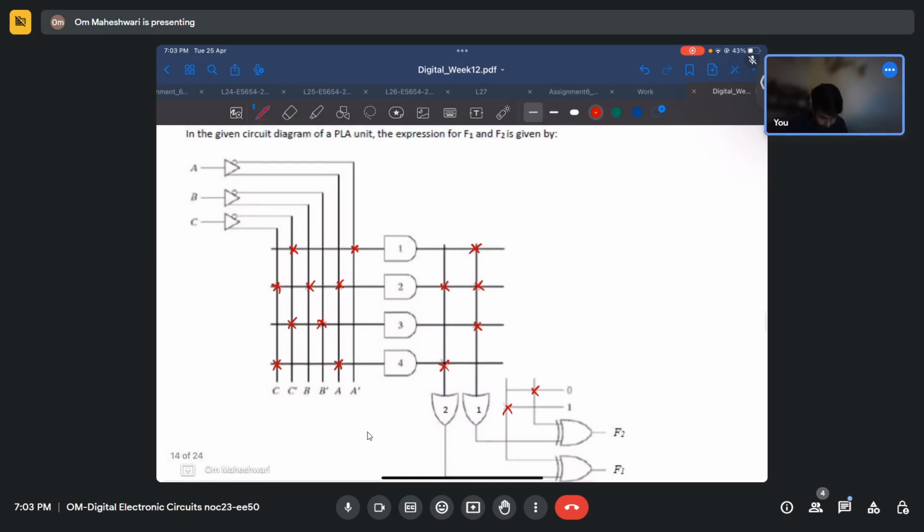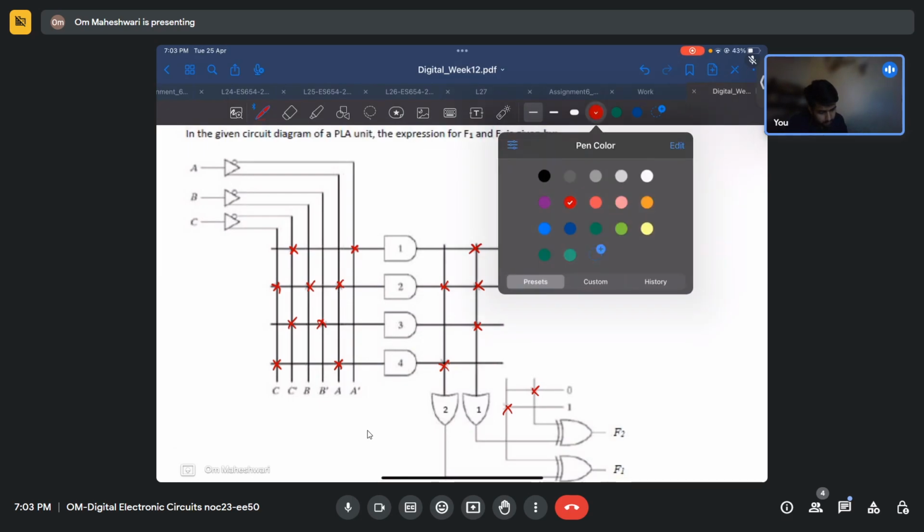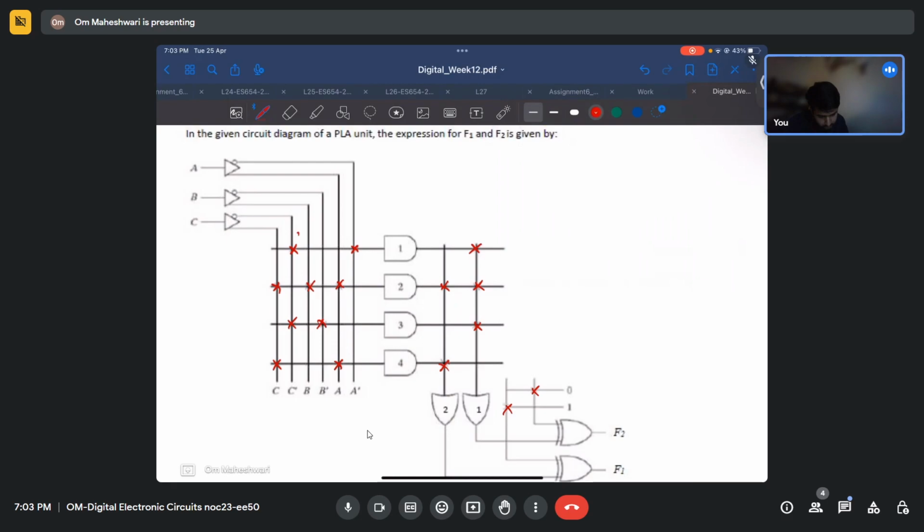So in one we have C bar, A bar: C bar A bar. Second we have C B A, say ABC.